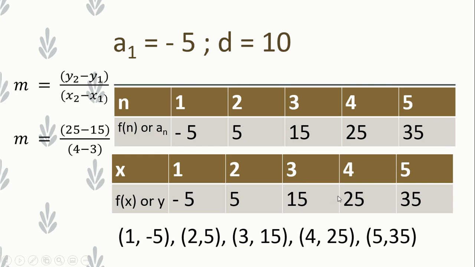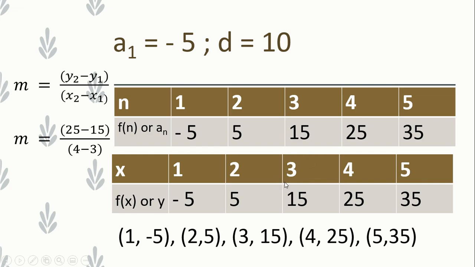By solving that slope, that is y sub 2, which is 25, minus y sub 1, which is 15, all over x sub 2, which is 4, minus x sub 1, which is 3.